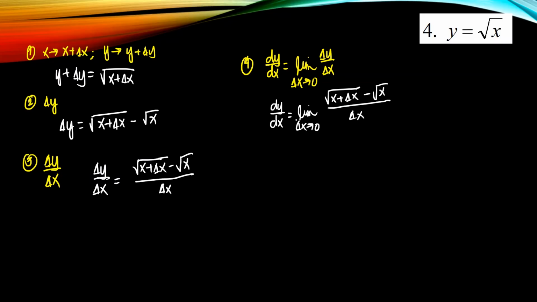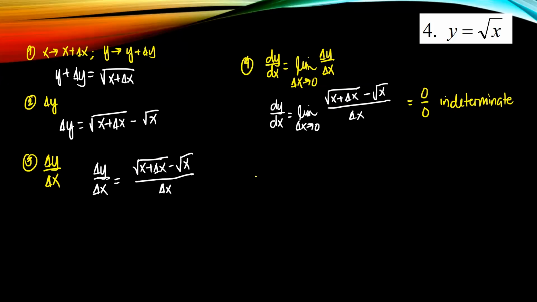Look, guys, when I plug in delta x, what will happen to the top? Isn't it going to be square root of x minus square root of x? So that becomes 0 over 0. This is indeterminate.